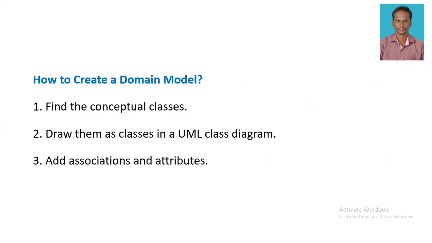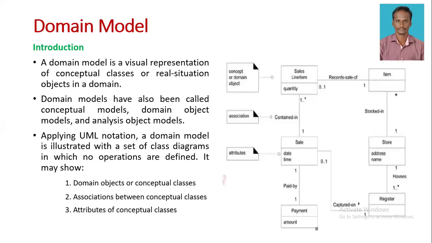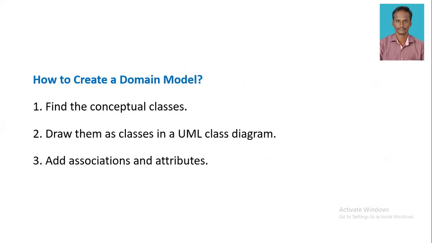And finally, we have to add the associations and attributes. See, for every class, we have added associations and attributes. Some classes may not have an attribute, and that's not a problem.